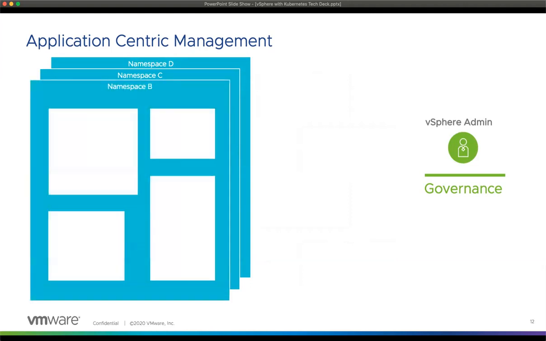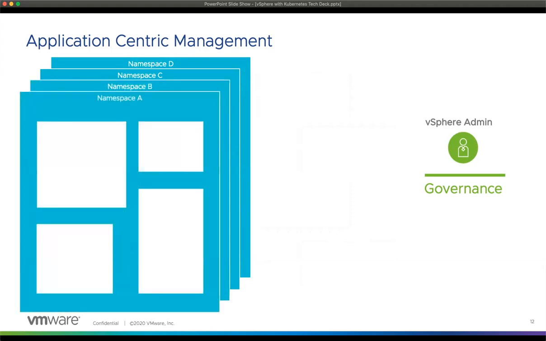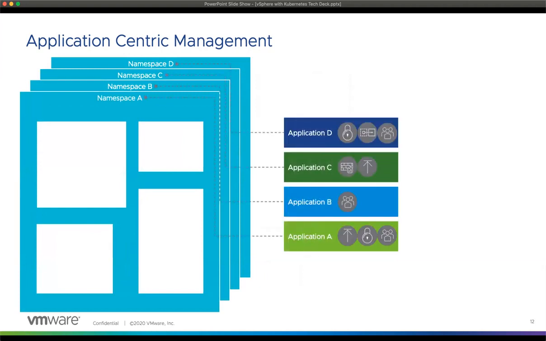So what that really gives you is that ability to say, here you go, here's your environment, and do what you have to do within your environment without interfering with other environments. So if I'm in namespace A, I cannot see what is in namespace B, C, or D. So there's my isolation from a multi-tenancy type of standpoint.